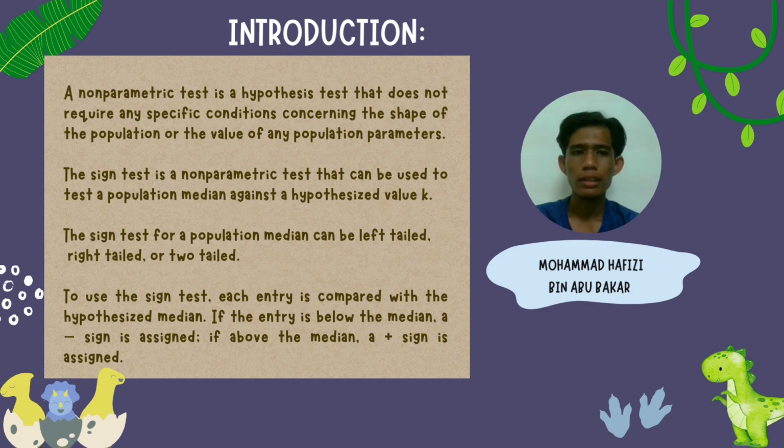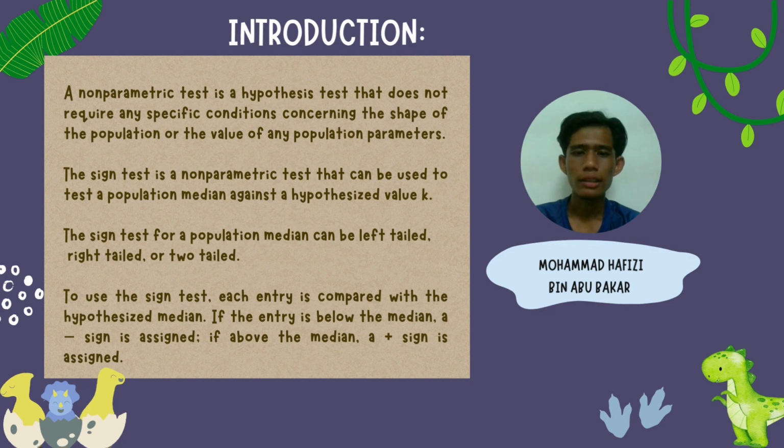For the right-tailed test, the null hypothesis is median is less or equal to k, and the alternate hypothesis is median is greater than k. For the two-tailed test, the null hypothesis is median is equal to k, and the alternate hypothesis is median is not equal to k.